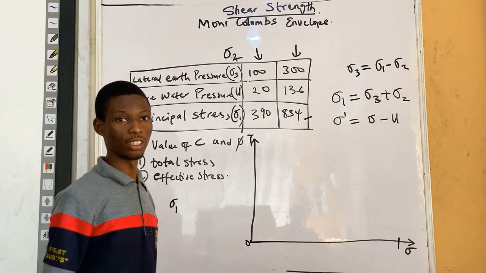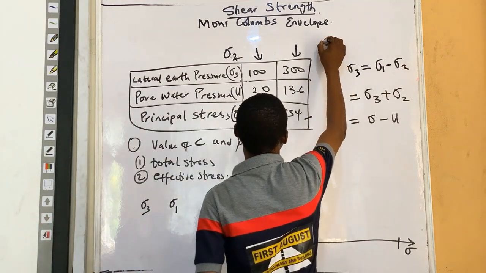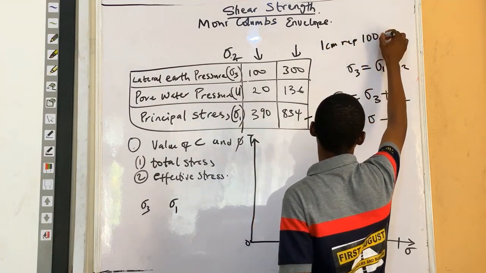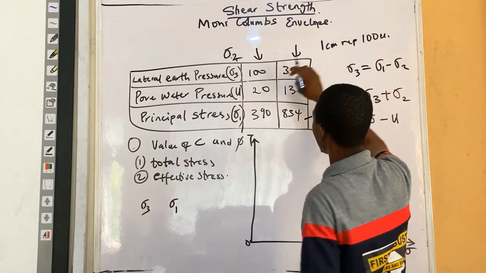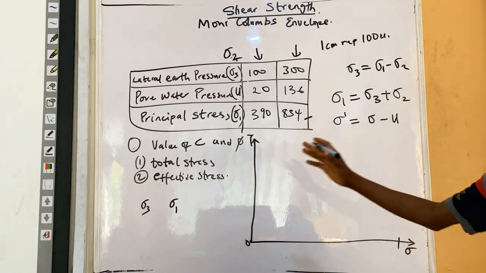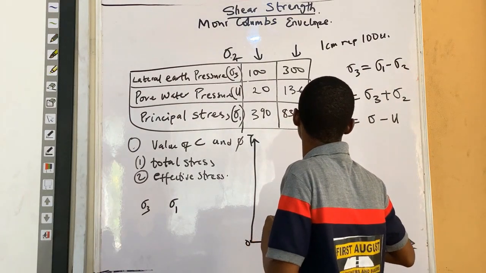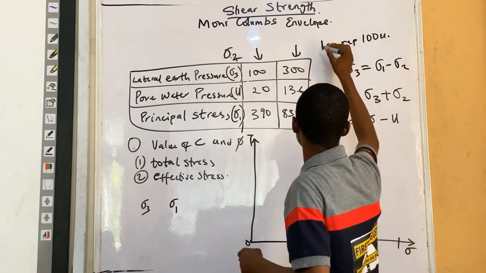It is better to divide so that 1 centimeter represents 100 units. 1 centimeter is small, so 2 centimeters can represent 100, depending on your graph.